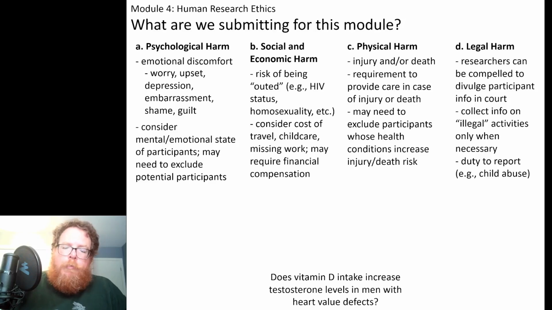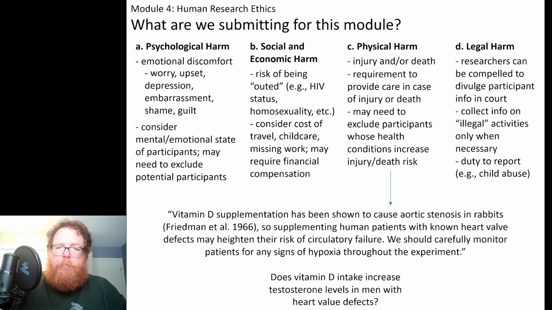So when I'm going through and I'm doing my harm assessment, how can I incorporate some literature-based justifications into my assessment here? I'll give you a couple of examples. So I'll start with physical harm. This is what I've written here as my physical harm. I've said vitamin D supplementation has been shown to cause aortic stenosis in rabbits.